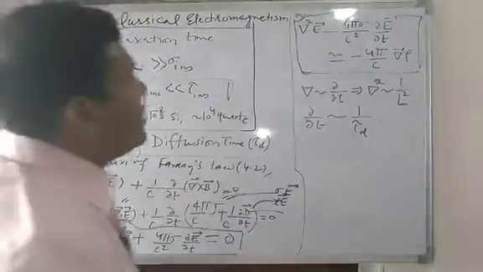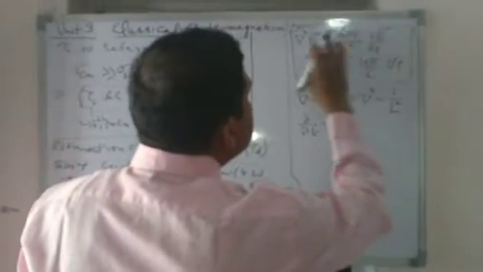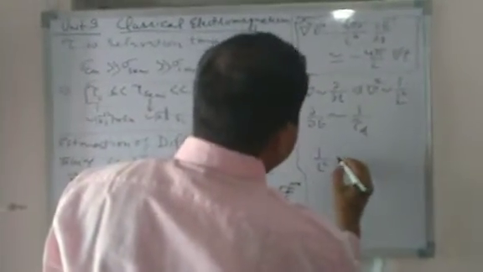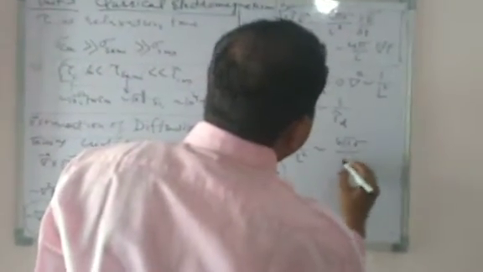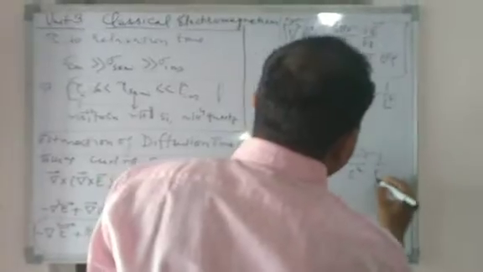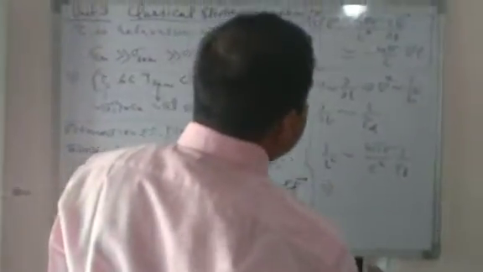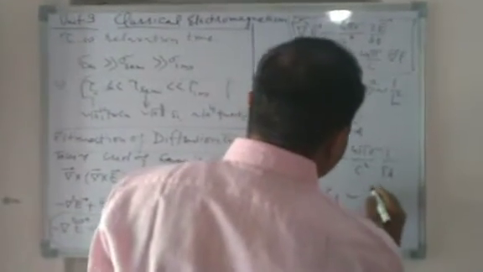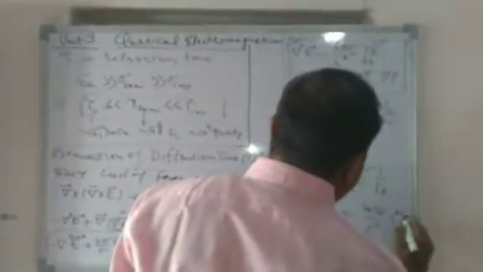So if we do that, what we roughly get is the following. We could cancel these E's. We will have 1 over L square is roughly equal to 4 pi sigma by C square times 1 over tau D, and from here what we get is that tau D is going to be roughly equal to 4 pi sigma L square upon C square.